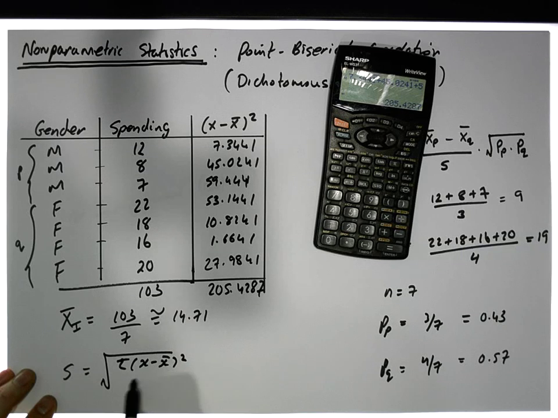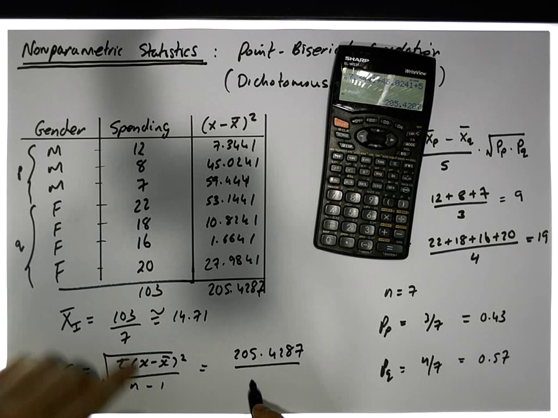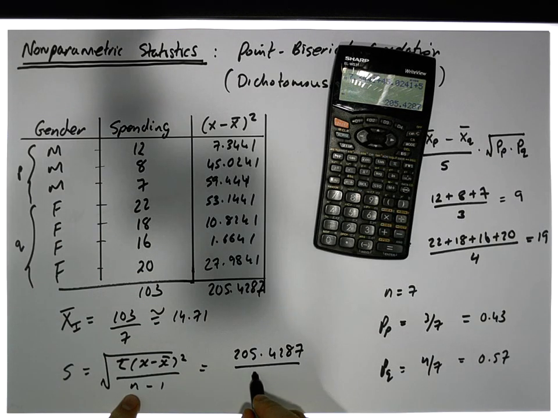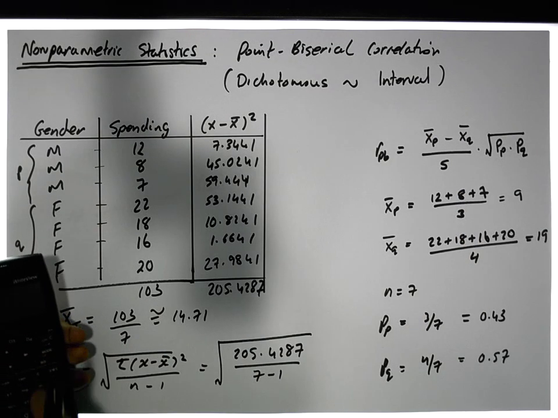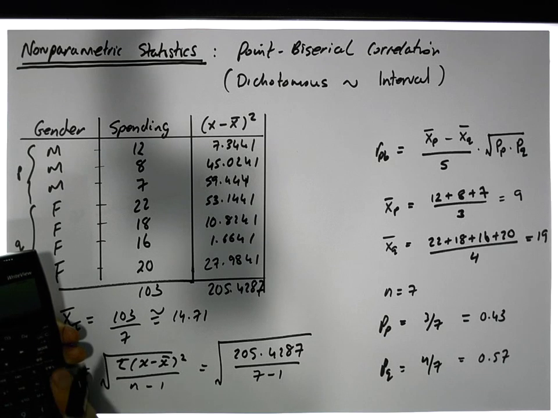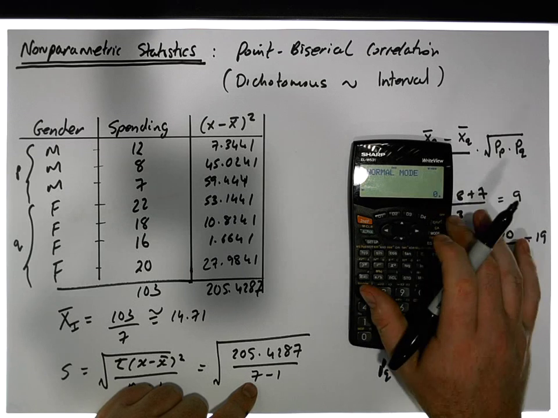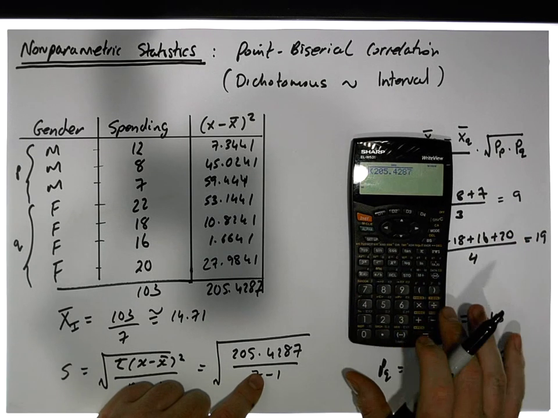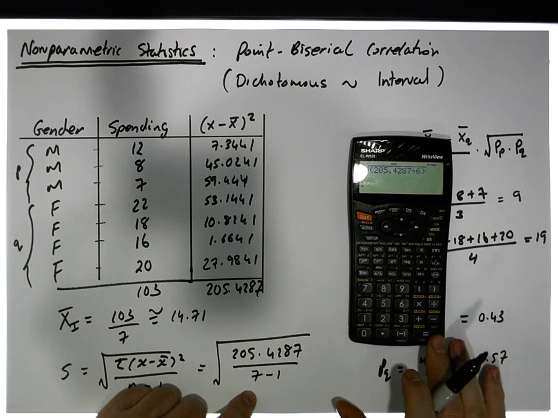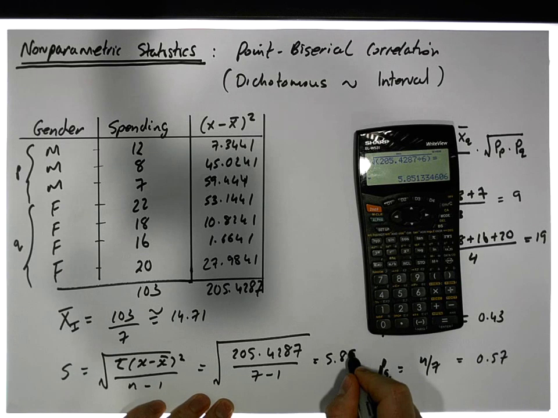So we have 205.4287 divided by n minus 1, where n is the number of paired observations, in this case 7 minus 1, which is 6. We take the square root of 205.4287 divided by 6, and that gives us a value of approximately 5.85.